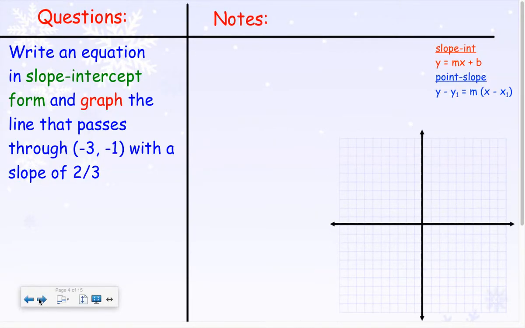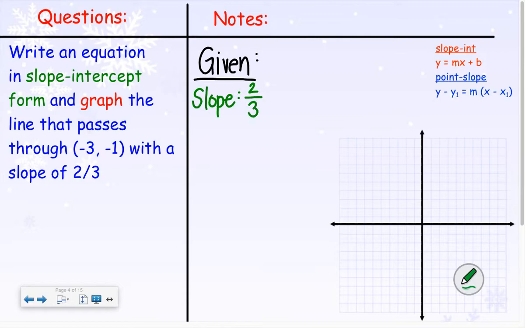Same directions. This time our line is going to pass through (-3, -1) with a slope of 2/3. Let's write down what I'm given: a slope of 2/3, and a point of (-3, -1).